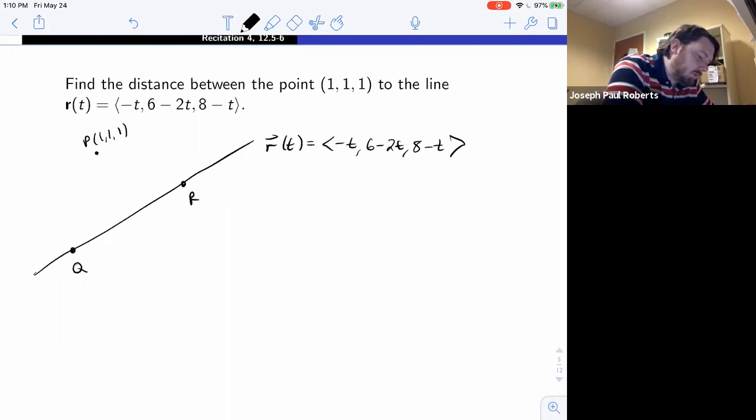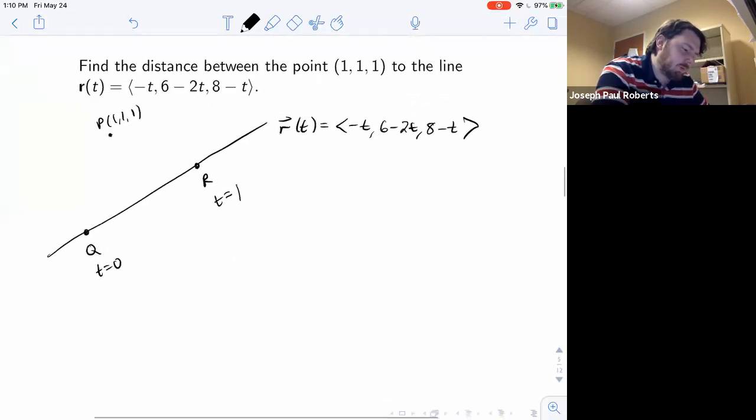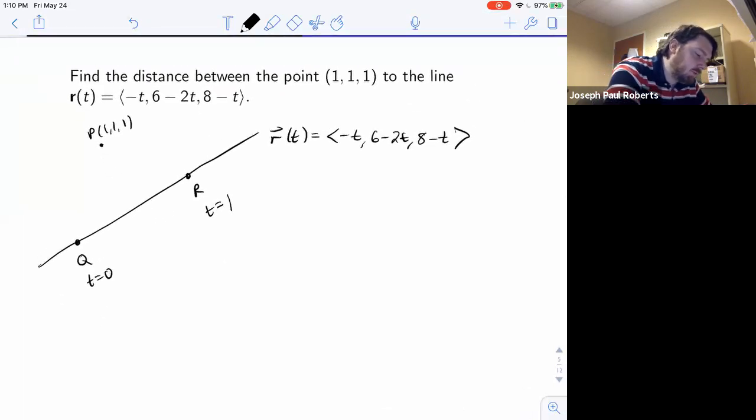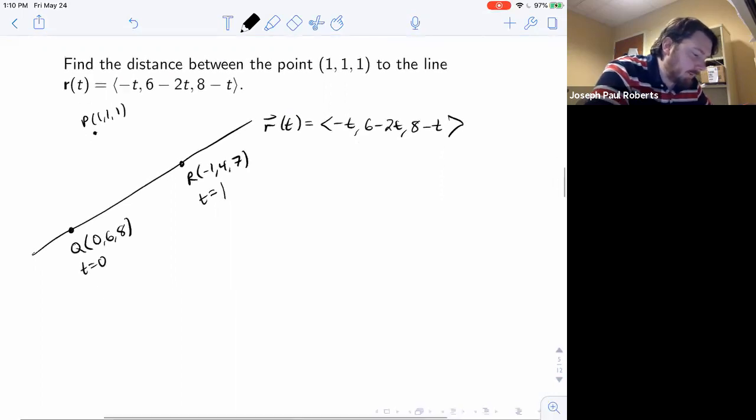So for example, we could pick our two favorite values of t, which are probably 0 and 1, to get that point Q. If we plug in t equals 0 to the line, we see that the point (0, 6, 8) is on our line. And then if we plug in t equals 1, I get that the point (-1, 4, 7) is also on this line.